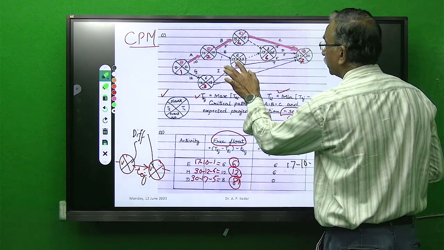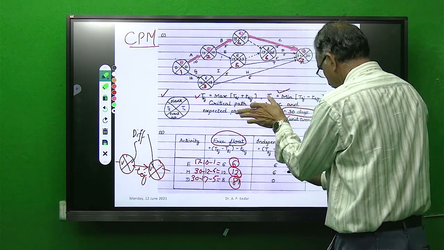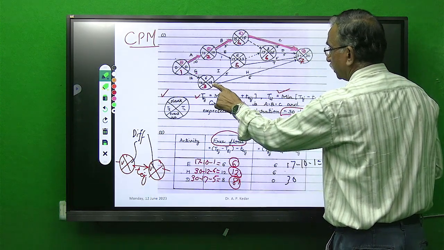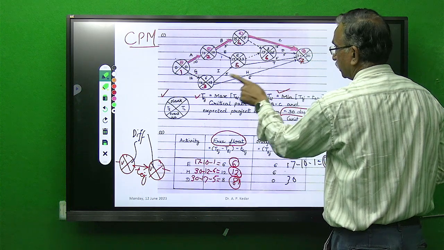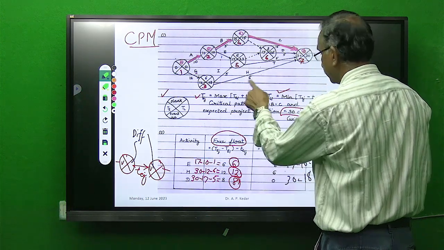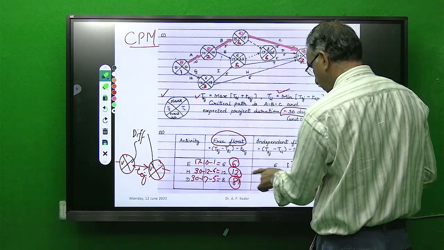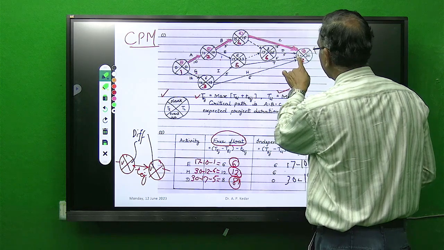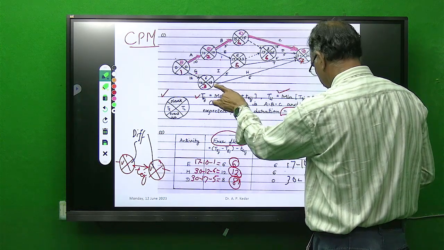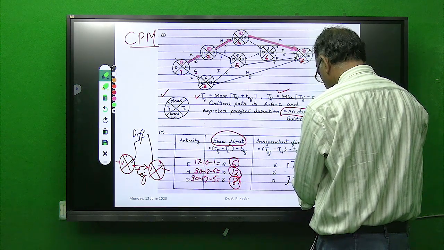For H, the inner value is 30 minus the earlier start, which is 18, and minus 6. So for activity H, 30 minus 18 is 12, and 12 minus 6 is 6.